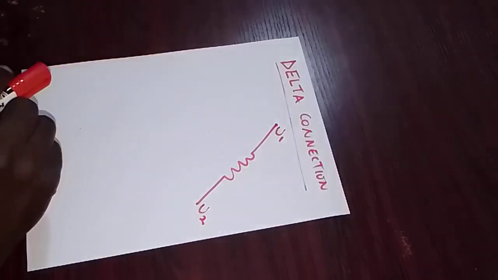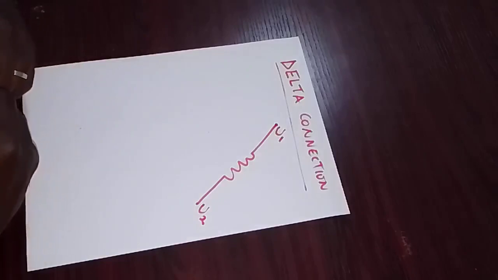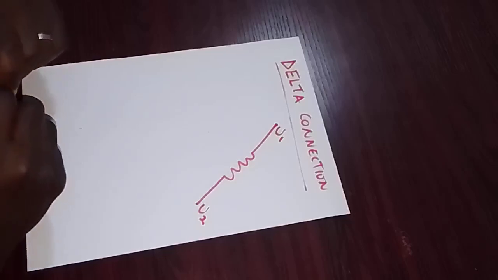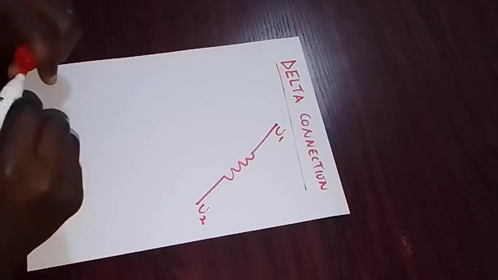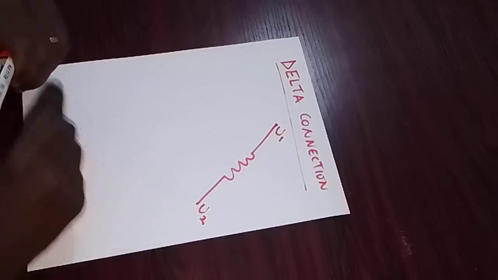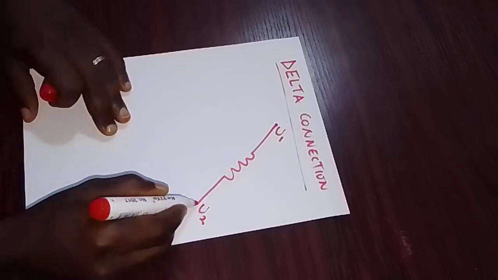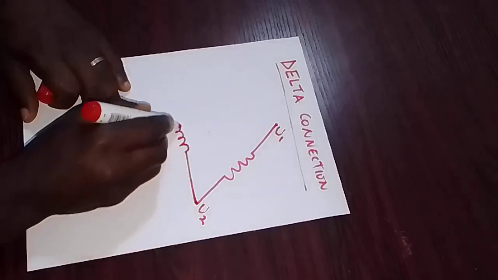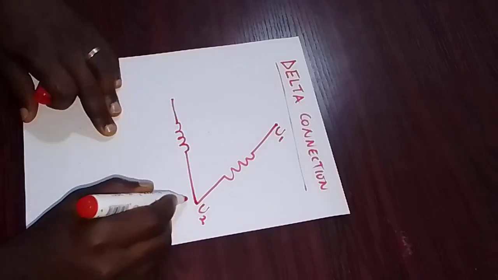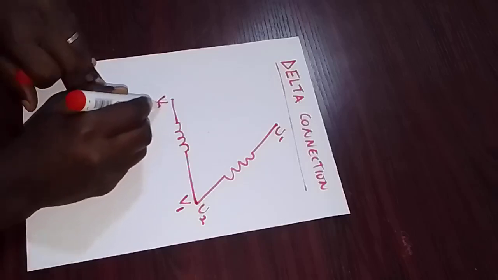In that sequence, the next winding is V. So the V is now connected to the end of the U, the finish of the U. So here will be the V winding. The start of it is V1. The finish of it is V2.